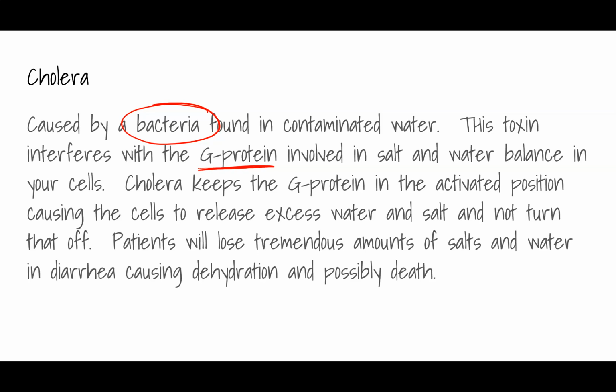Well, in this case, your body doesn't turn off the release of water and salts. So in essence, you are releasing tons of salt in water, which could cause nasty diarrhea, which could cause dehydration and possibly even death. So, whoa, what happened there? So a lot of this stuff happens in contaminated water supplies. So not good.